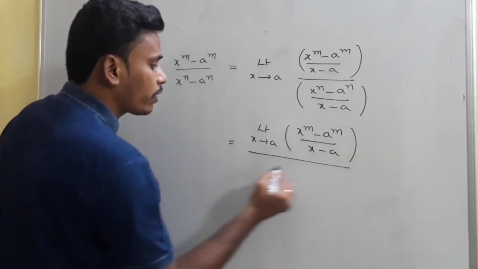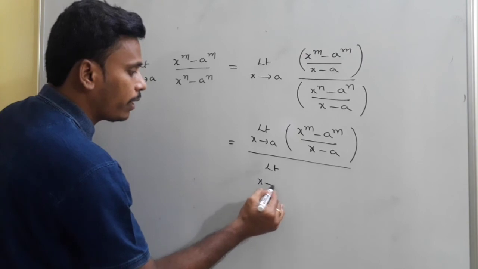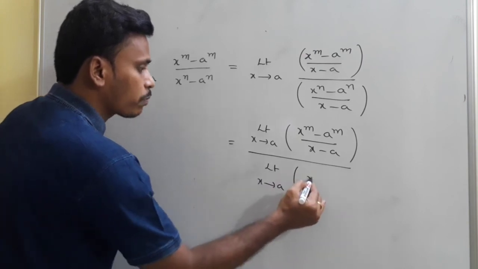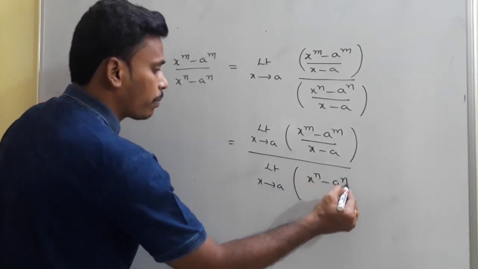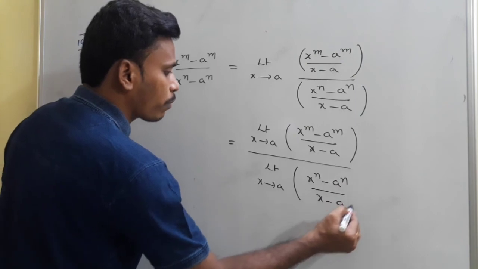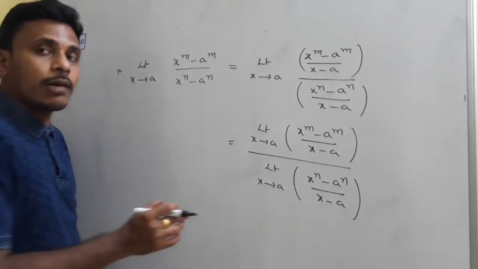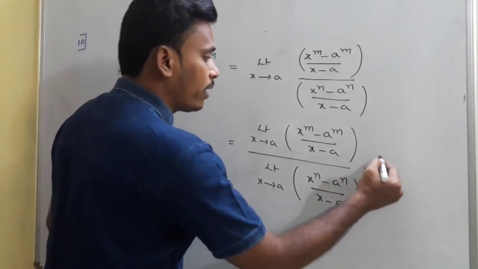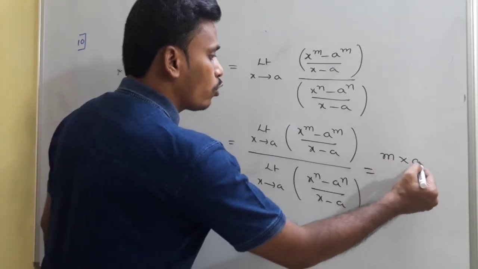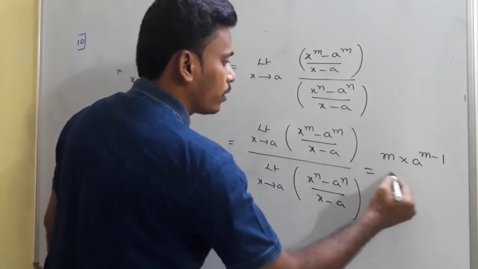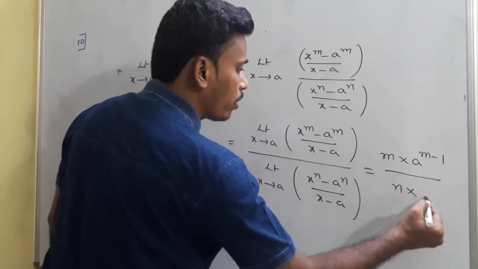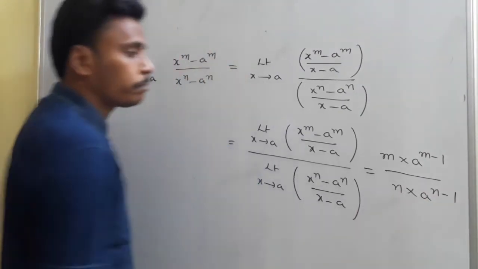When you apply the limit for the denominator, it will become limit x tends to a, x power n minus a power n divided by x minus a. Now apply the same formula for numerator as well as denominator. For numerator it is m into a power m minus 1. For denominator it is n into a power n minus 1.